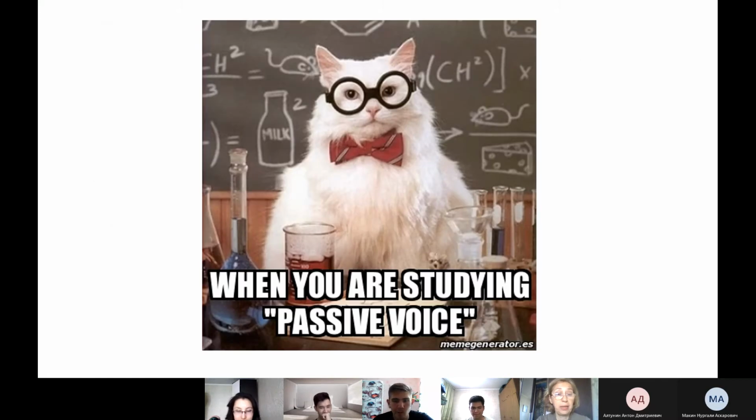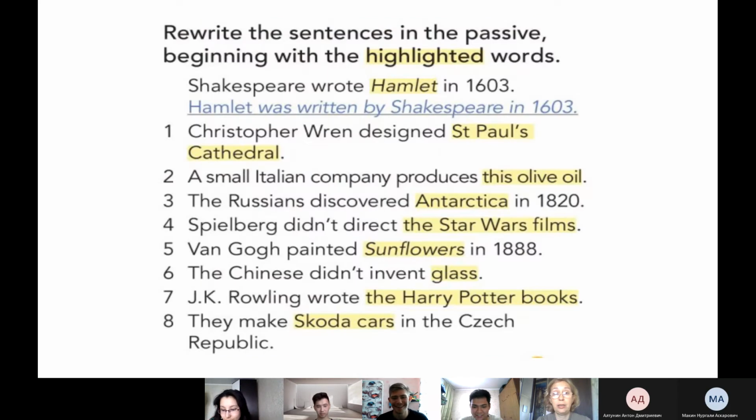So sometimes people say that passive voice is rather complicated. And this is the meme which says when you are studying passive voice, it means it's not easy. And let us have a look at the next slide. Here the task is to rewrite the sentences in the passive, beginning with the highlighted words, начиная со слова, которое отмечено.